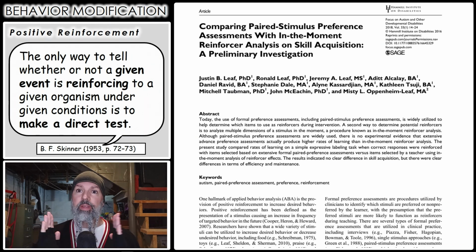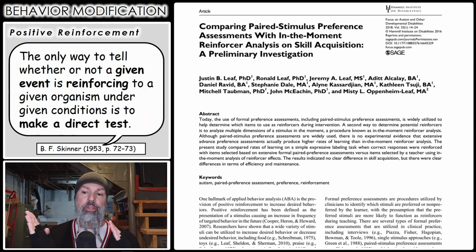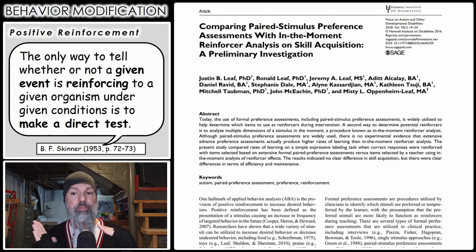So you could figure out a very effective reinforcer using paired stimulus preference analysis, or you can get a very effective reinforcer using in-the-moment reinforcer analysis. It didn't seem to change how effective the reinforcer was that you discovered.